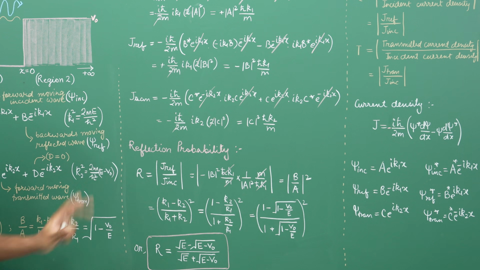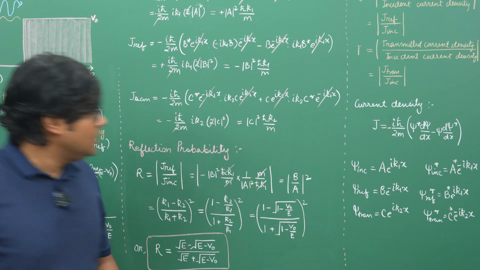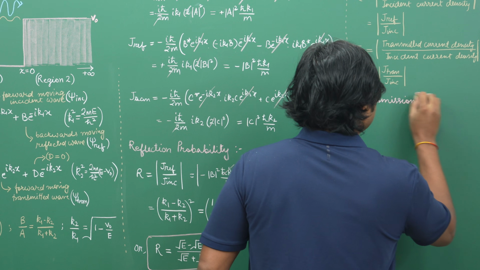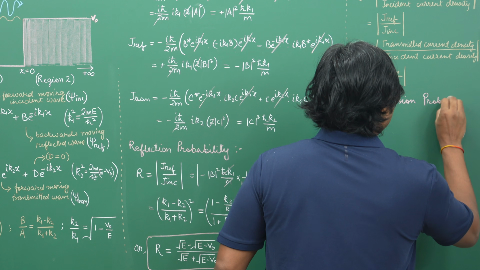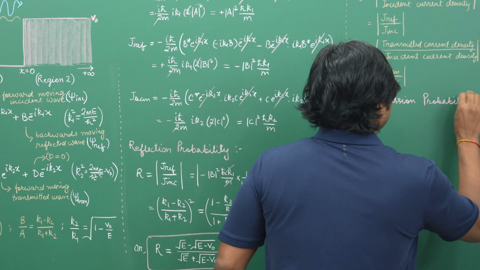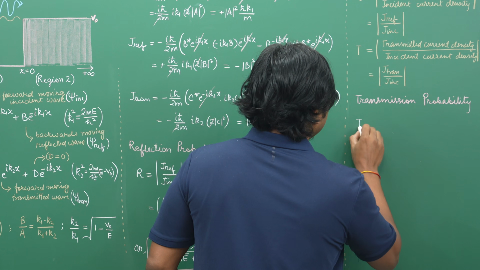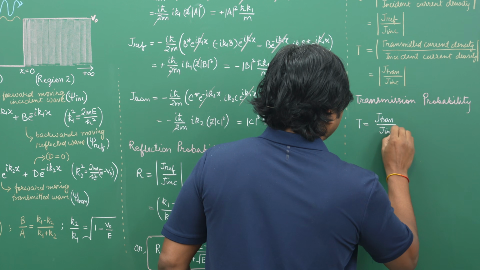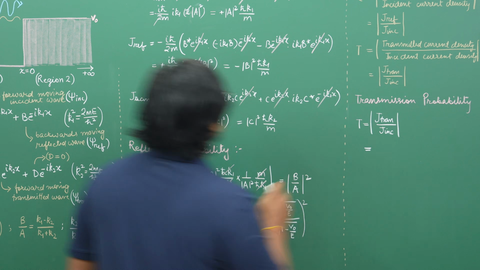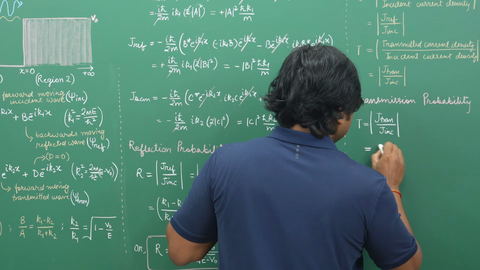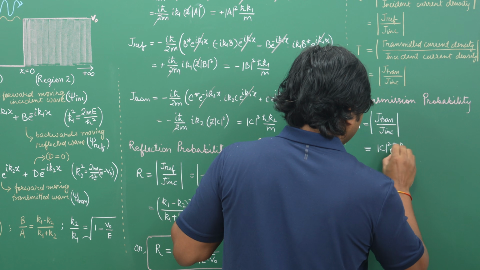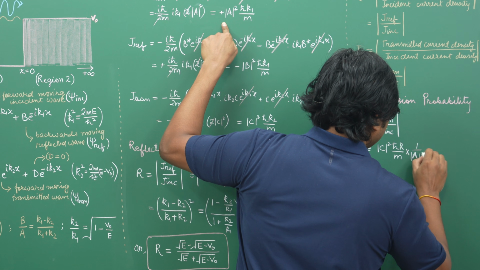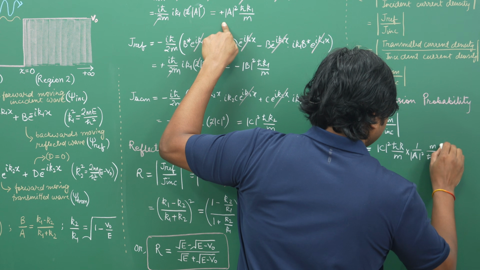In a similar fashion, we can also calculate the transmission probability. We have T equal to the current density for the transmitted wave upon the current density for the incident wave, which comes out to be, for the transmitted wave, C mod square ħ k2 upon m, and for the incident wave, A mod square ħ k1 upon m, mod.